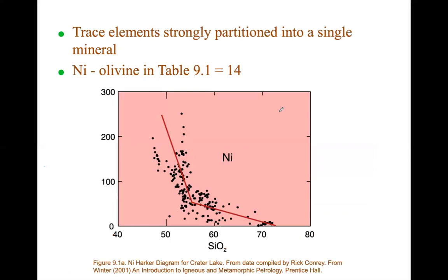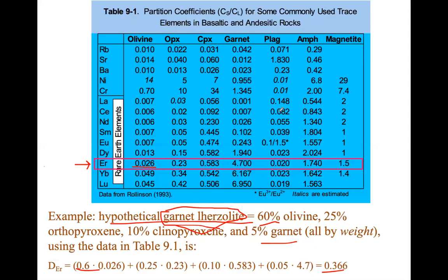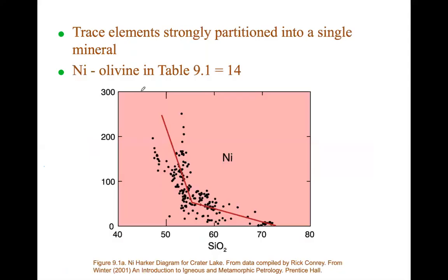Okay, right. So we discussed for olivine, for example, the nickel partition coefficient is relatively larger compared to other elements, right? So if you want to see a variation of nickel partitioning into olivine, with the reducing composition of silica, that means when it becomes more and more mafic, you will see a deviation of nickel composition like this, right?